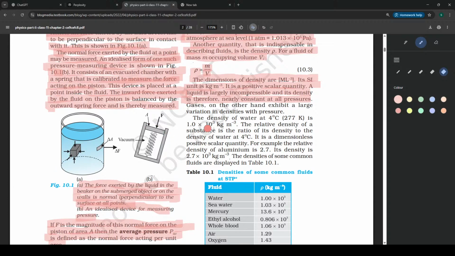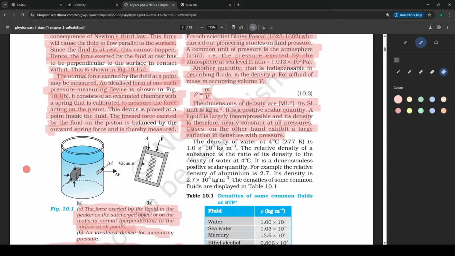Because of that, we can assume that its density is constant. Gases, on the other hand, exhibit a large variation in density with pressure. Even though liquids do not get compressed much under changes in pressure, gases change in density largely even with small changes in pressure.